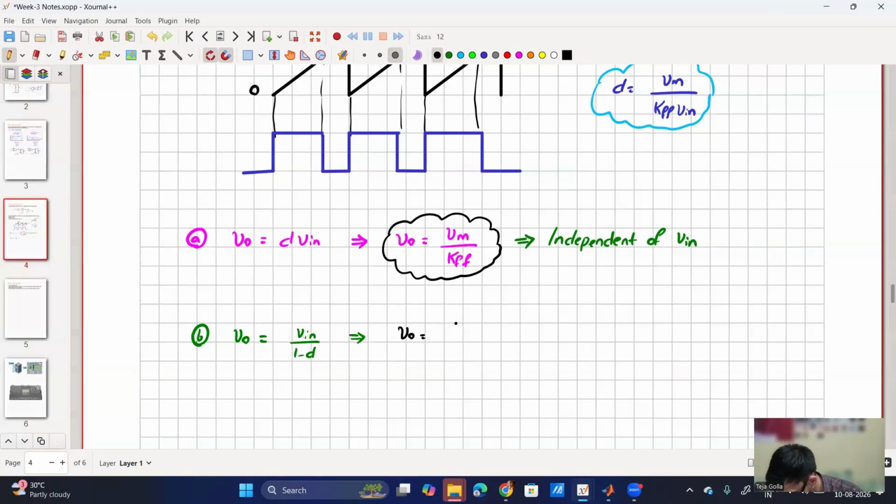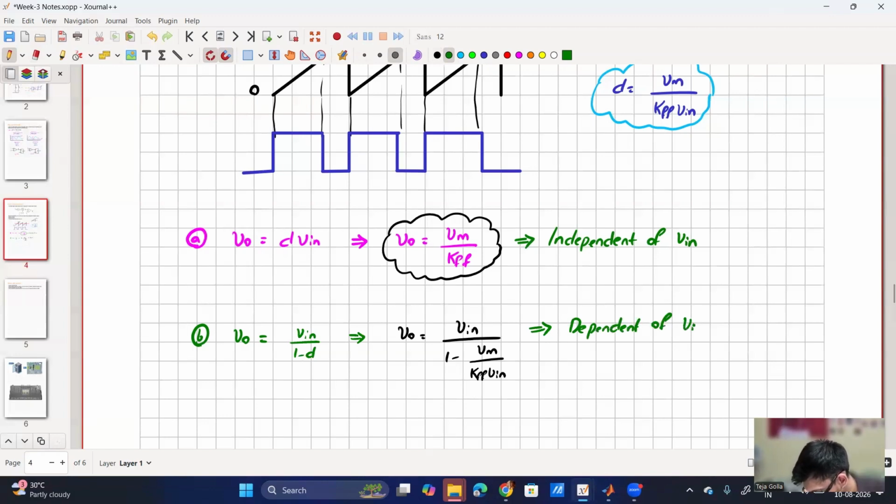V0 is nothing but Vin by 1 minus Vm by KFF into Vin. So now it is not a function of Vin, Vin is not getting cancelled, right? Yes. So here I am not getting any benefit. Still dependent on Vin.